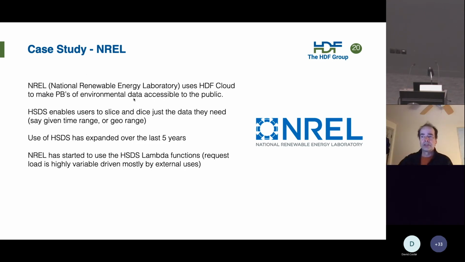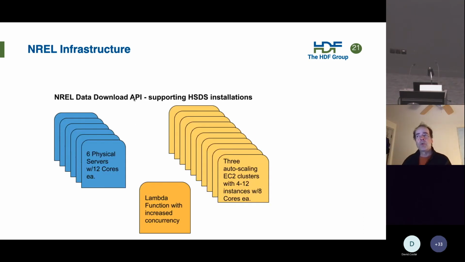And they've recently started to use Lambda functions because, again, they have a use case where the load is highly variable because they don't control when external users will be accessing the server. So it can go from very little to very much in a short time. And so using Lambda, they can scale up to meet that demand.